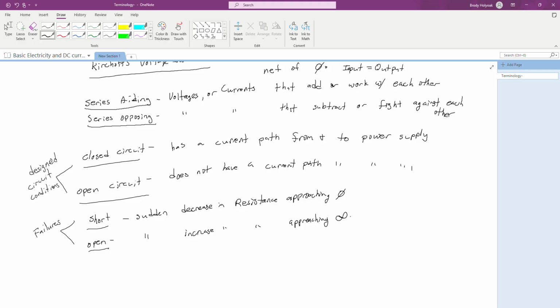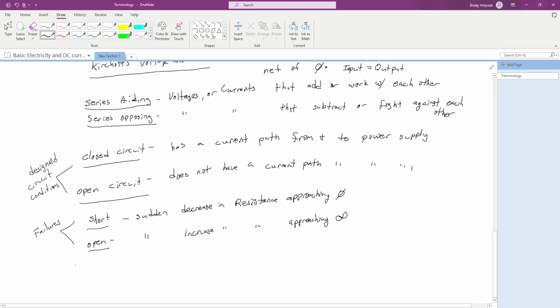So something that was allowing current to flow has now burnt up and is no longer there to regulate the current. A short is a sudden decrease in resistance, like a piece of wire falling across something that is supposed to be connecting or dropping voltage. So we've got design conditions, a closed circuit or an open circuit, and we have failures, a short and an open.